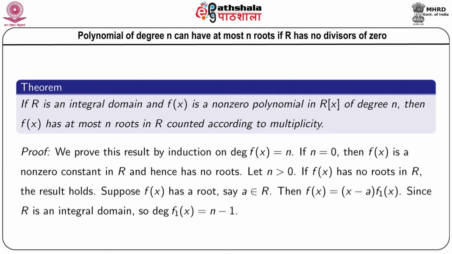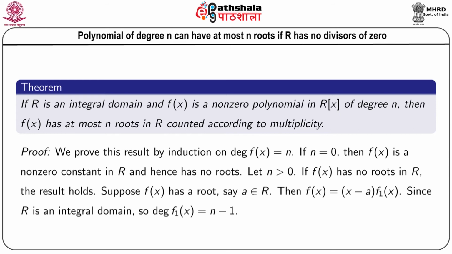We prove this result by the method of induction on the degree of f(x). For the basis step, assume that n equal to 0, then f(x) becomes a non-zero constant in R and hence has no roots.